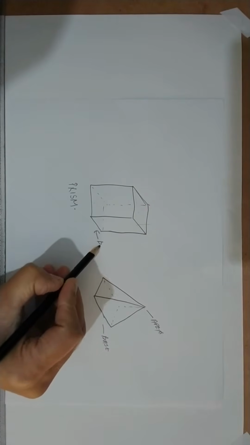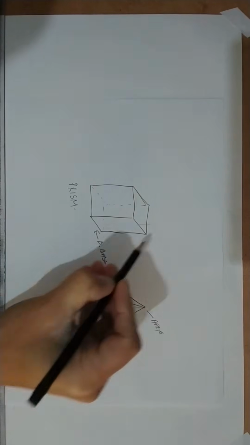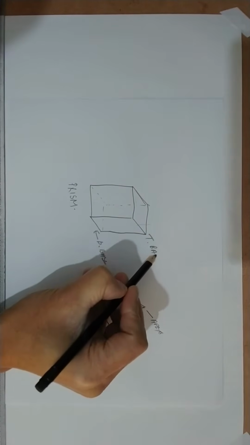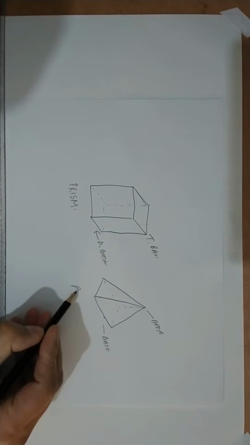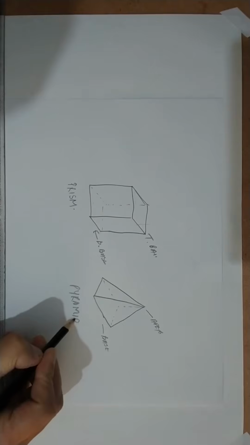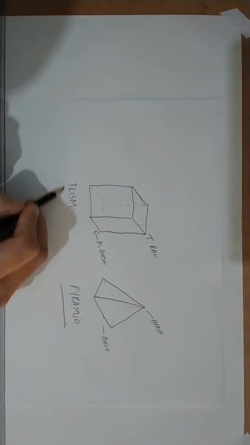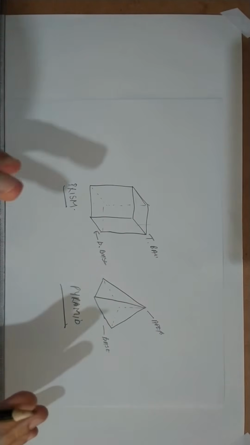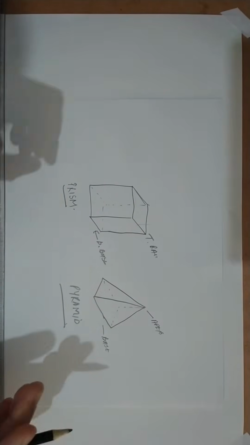Bottom base, top base. Prism, pyramid. So that's a pyramid. Okay, that's a pyramid. Prism. In this question, you can get one or the other.